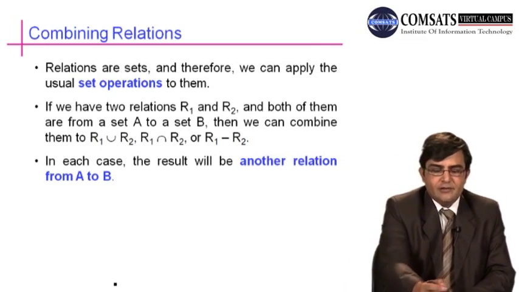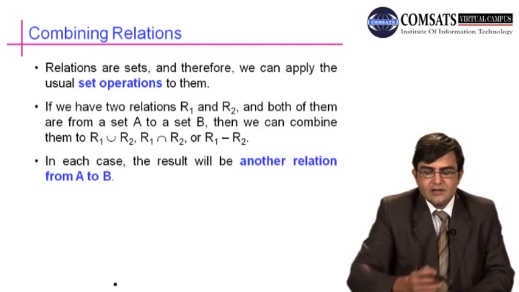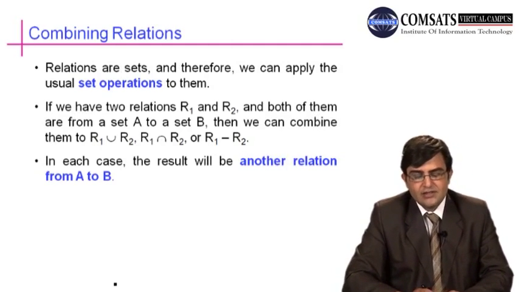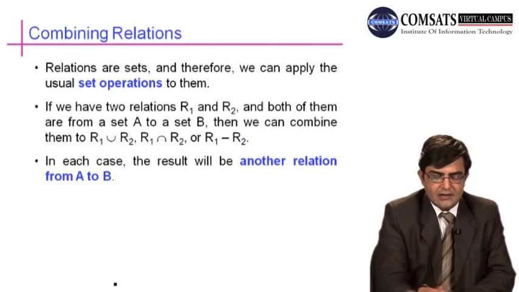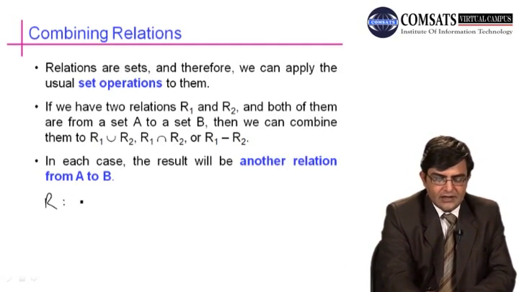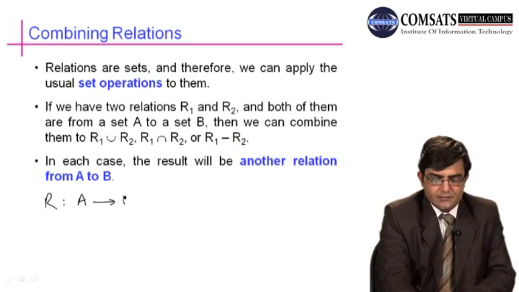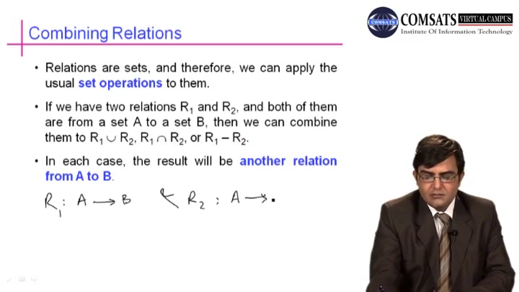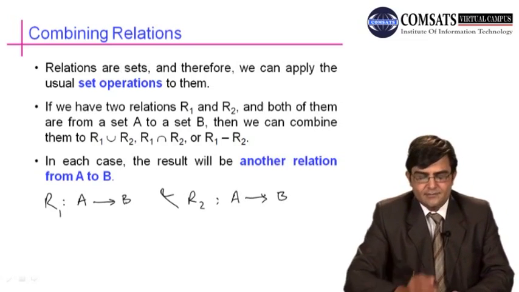For example, if we have two relations R1 and R2, both from a set A to a set B, that is, R1 is a relation from A to B and R2 is a relation from A to B on the same sets.